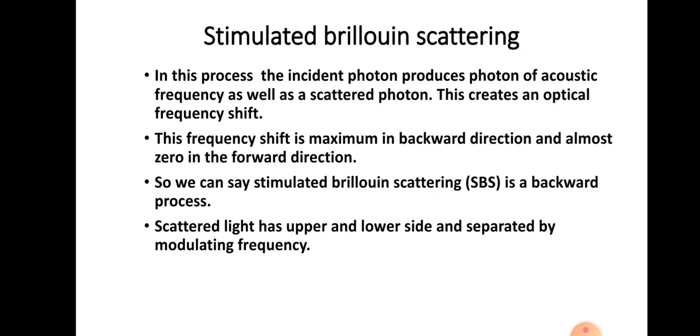This frequency shift is maximum in the backward direction and almost zero in the forward direction. So we say stimulated Brillouin scattering is a backward process, and the scattered light has an upper and lower sideband that are separated by the modulating frequency.